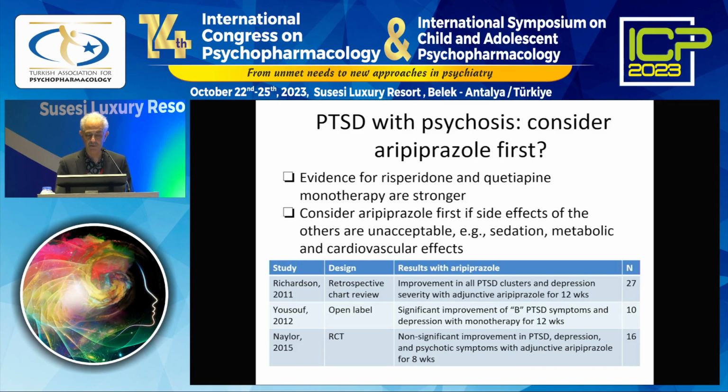And aripiprazole has 2 uncontrolled studies and 1 randomized trial, which was not significant. So it's not impressive about risperidone that it didn't beat placebo in this 16-patient study. But the other data is kind of impressive, so we wouldn't object if you wanted to do aripiprazole as your first add-on to the SSRI.